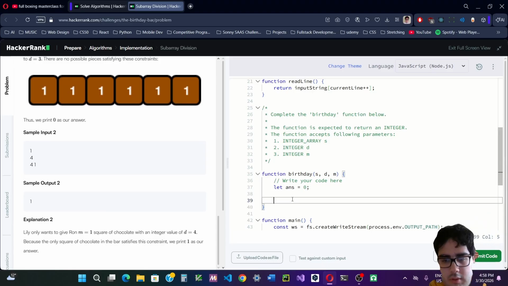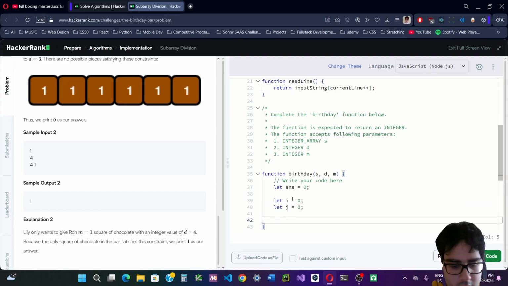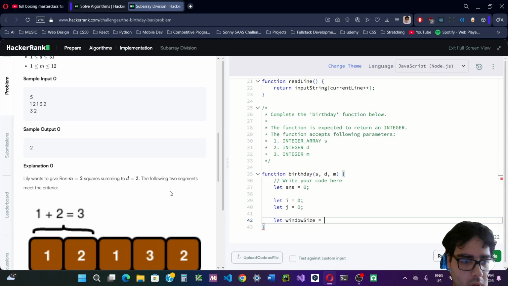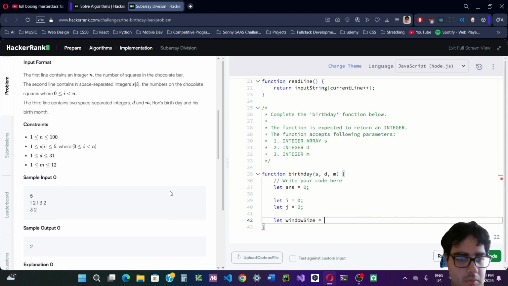Okay, so let's see, let i equal 0, let j equal 0. The window size gets 0. Window size gets how much though?